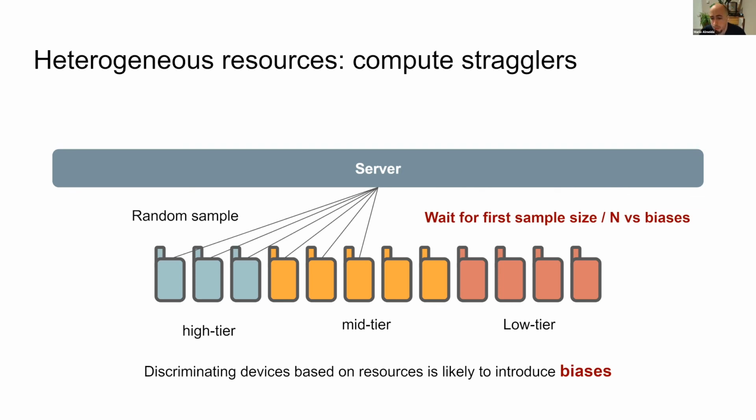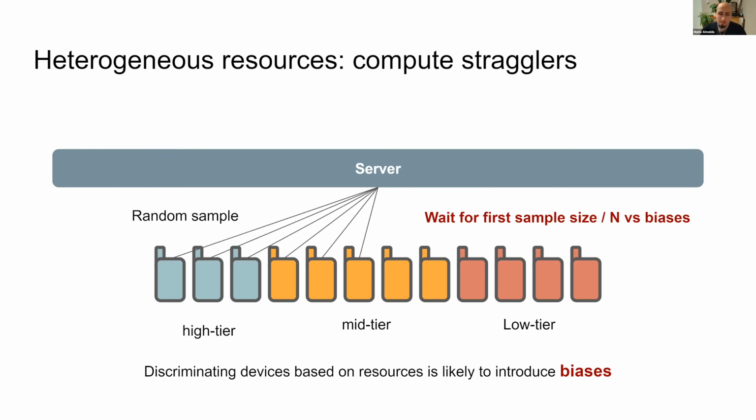Another thing that you need to keep in mind is that if you start discriminating your devices based on latency or based on their network conditions, and if you discard too many of these devices, you can start to introduce biases, because if low-tier devices don't participate in training, you might be discarding all the people that basically don't have money to invest in high-tier devices, for example.